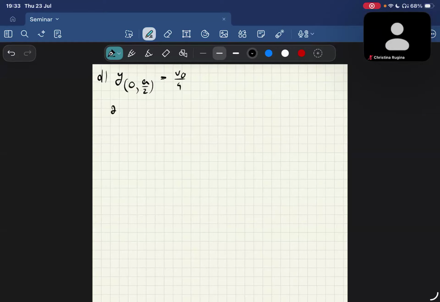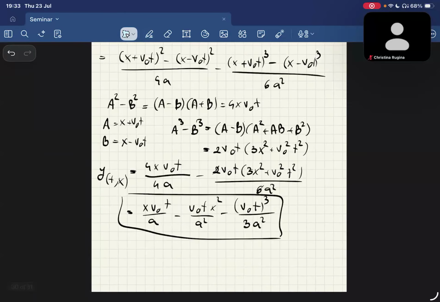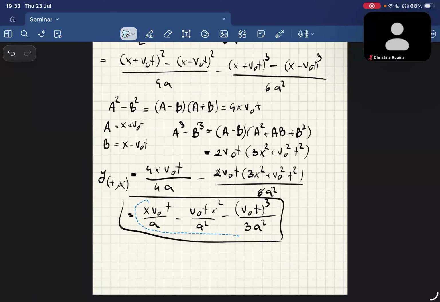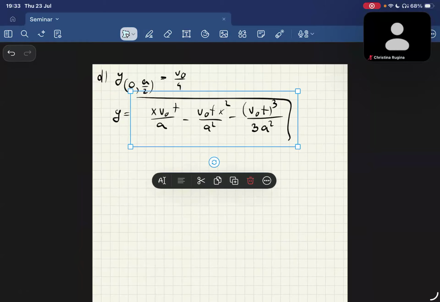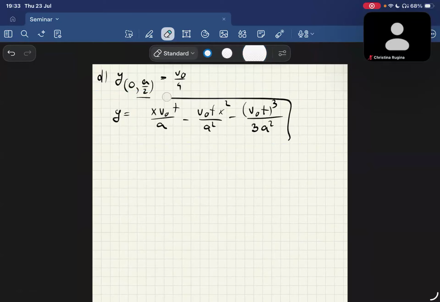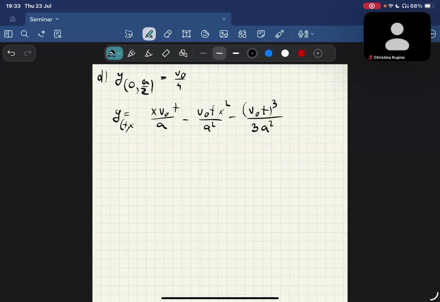Okay, great. We have the form of y and we should differentiate it.